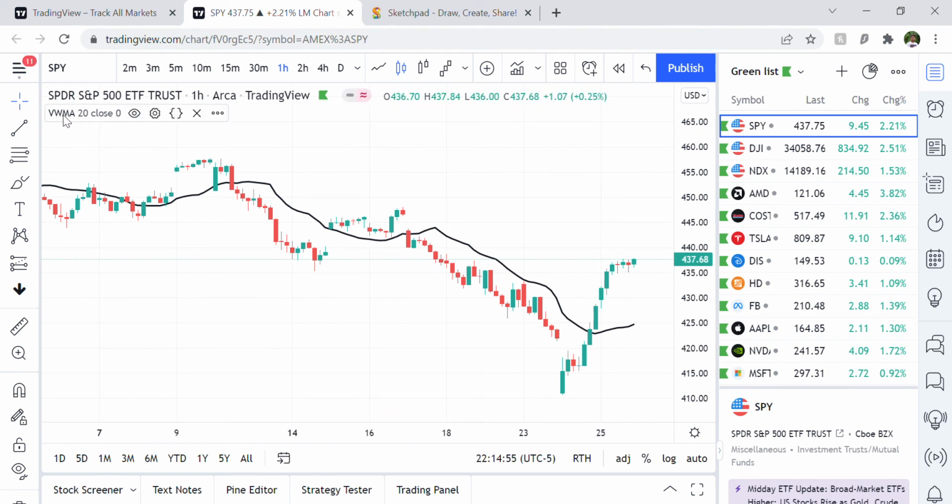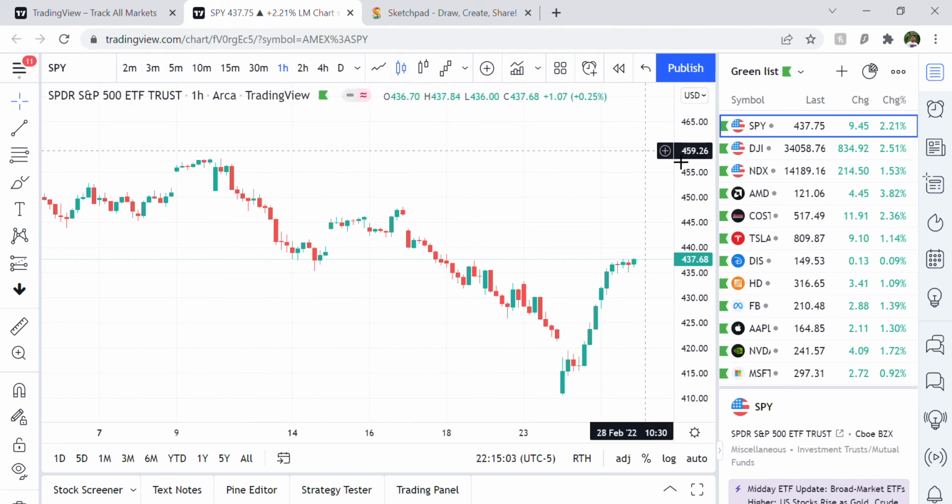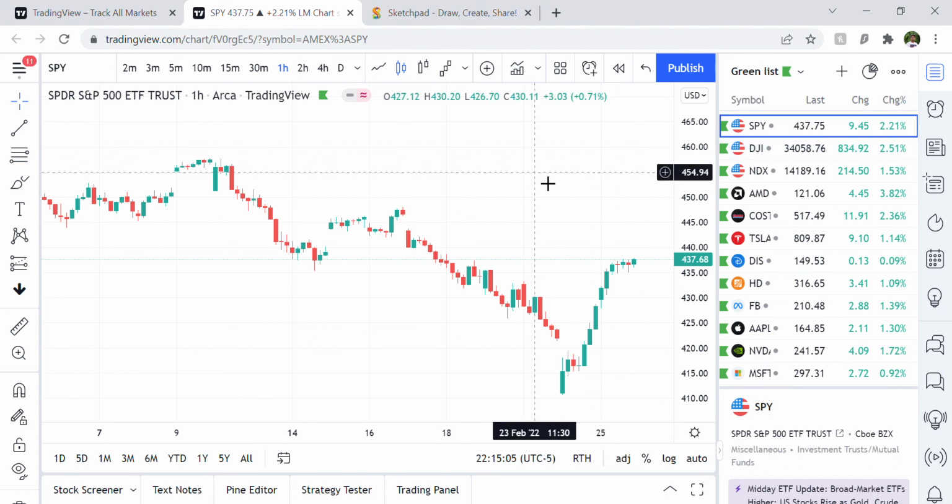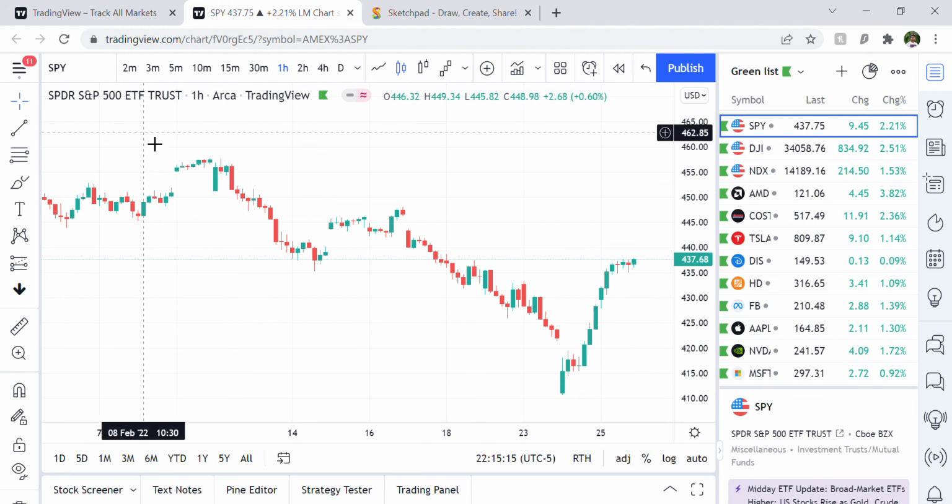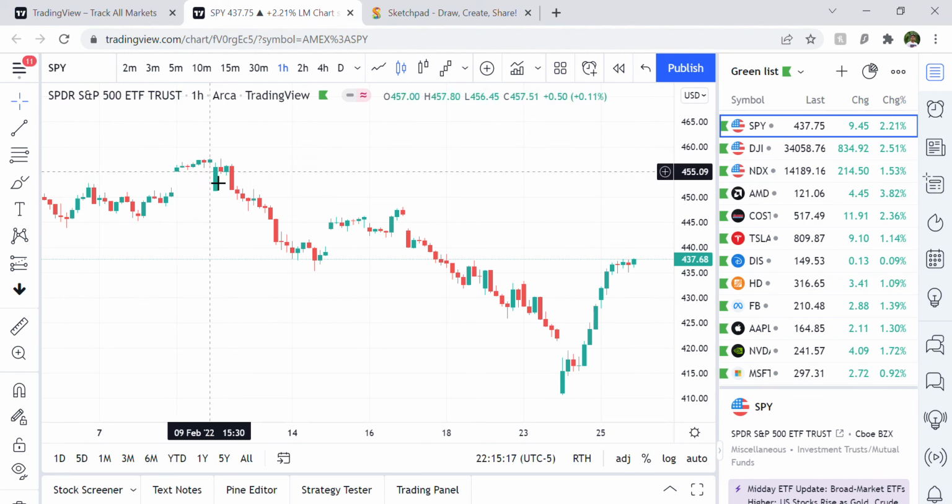So now how to add this particular indicator, VWMA. If you go to tradingview.com, open any particular chart, first of all make your account, then you will be able to add 3 indicators per chart with the basic TradingView account.